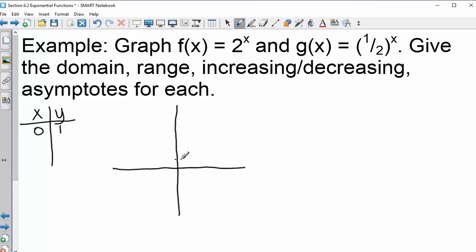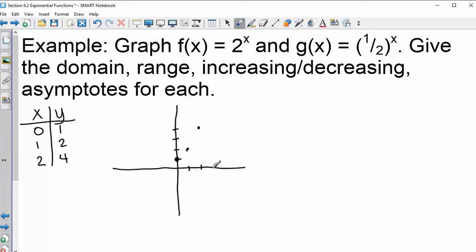So I have the point (0, 1) on my graph. If I put in a 1, 2 to the first is 2. So (1, 2) is on the graph. If I put in a 2, 2 to the second power is 4. So (2, 4) is on my graph.